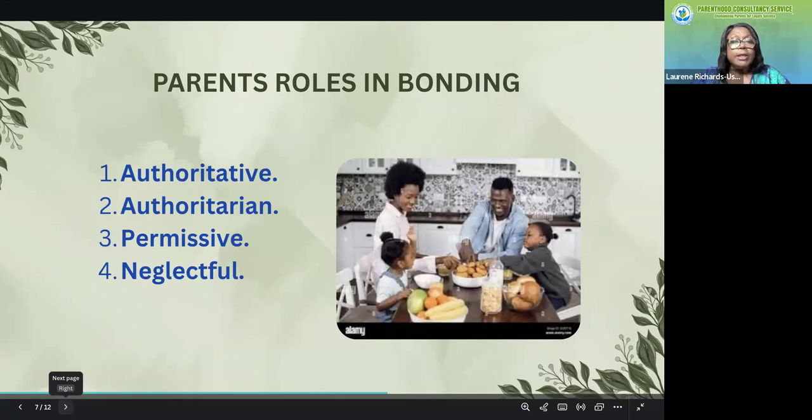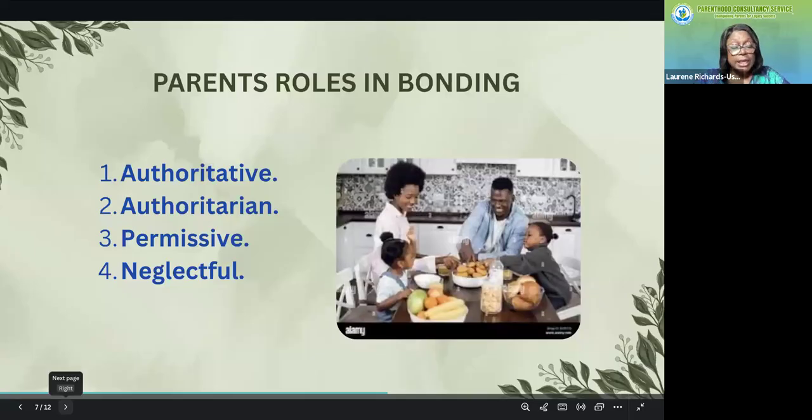All right. There are different types of parenting styles, and these parenting styles play certain roles in the bonding and the attachment to their parents. For example, we have four types of parenting style. We have the authoritative, the authoritarian, the permissive, and the neglectful.